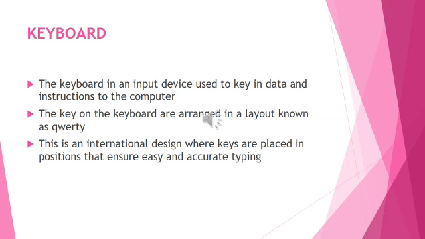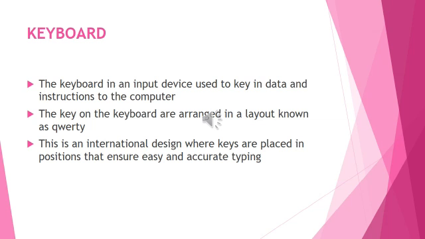The keys on the keyboard are arranged in a layout known as QWERTY. If you look at your keyboard, if you have a computer near you or at home, you will notice that the keys are arranged this way. The first keys are Q, W, E, R, T, Y. That makes the word QWERTY.